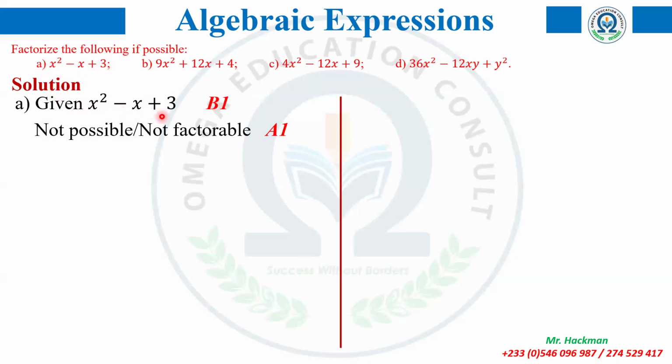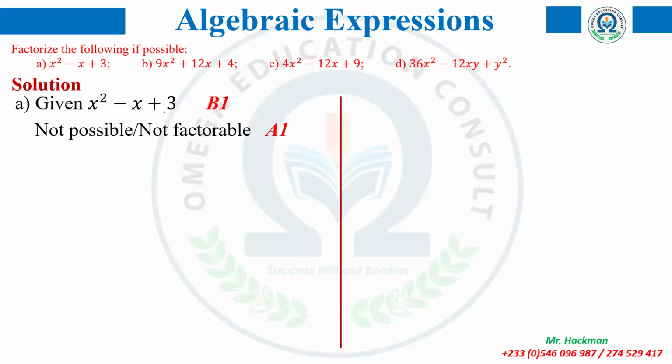Then you move on to what you are asked to factorize. This is a quadratic expression. For a quadratic expression, if I'm asked to factorize, my concentration should be on the product of A, which is the coefficient of x squared, and C, which is the constant term. The coefficient here is 1. Like I told you in lesson 5, if the coefficient is 1, concentrate on your constant term, then the x term.